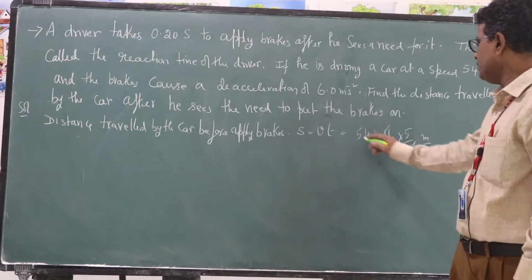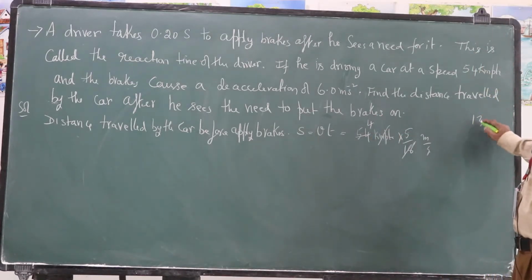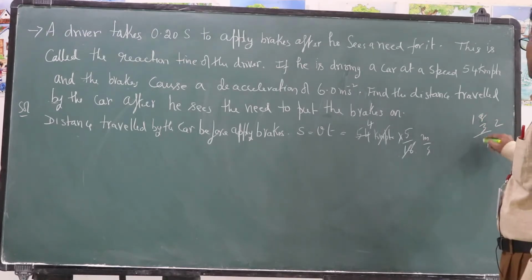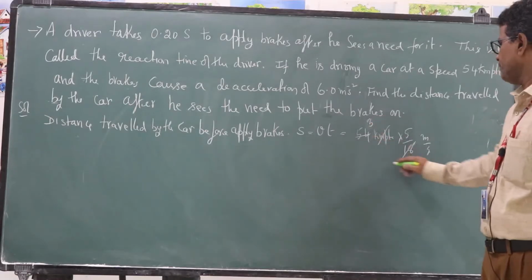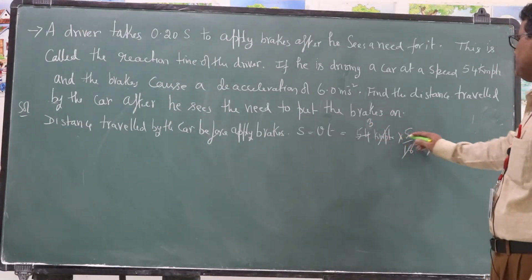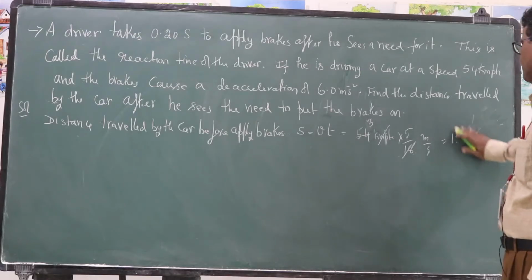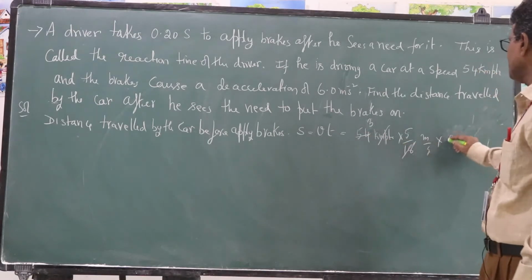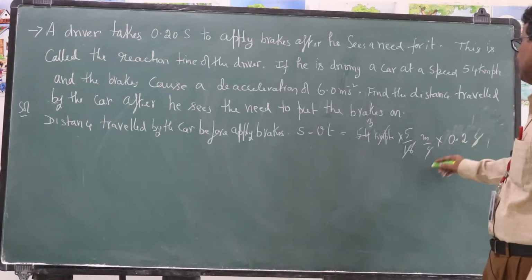So 18 threes are 54, 3 into 5, 15 meters per second. So 15 into time, which is 0.2 seconds, so the seconds get cancelled.